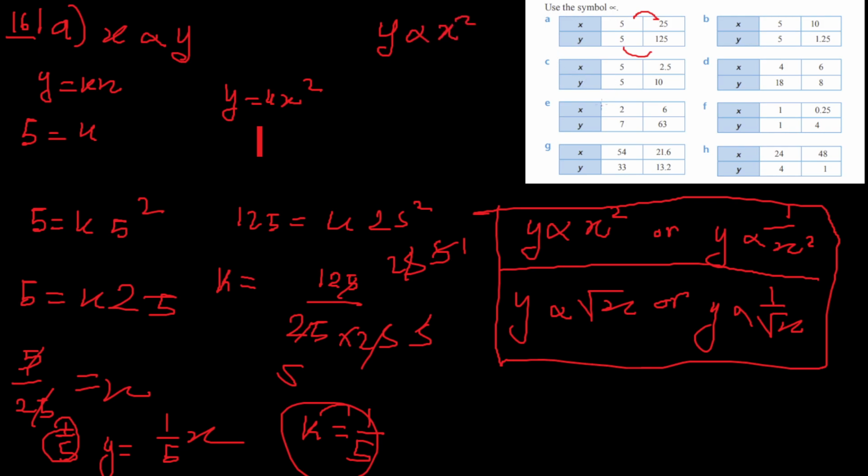Now let's try doing number e as an example, because these are all similar. Our two equations are: let's see first if this increases, e to 6 and 7 to 63. So this is going to be either y equals kx or y equals kx squared.